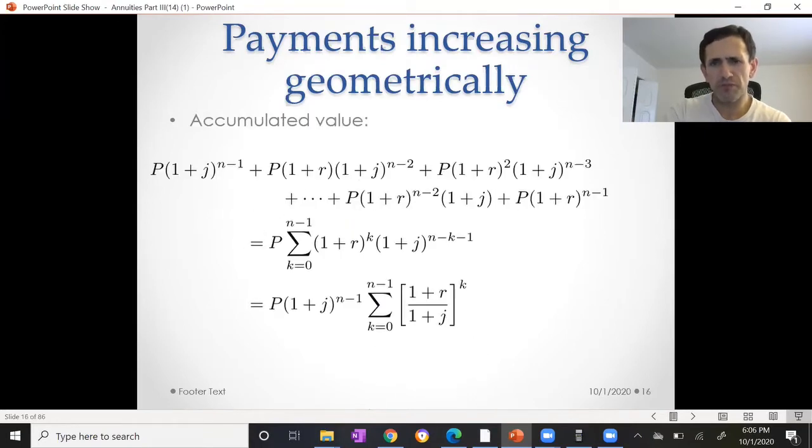So remember, without using the finite geometric series formula, this is where we ended off. We have to evaluate this when r equals j. Well, when r equals j, everything inside here is just 1.